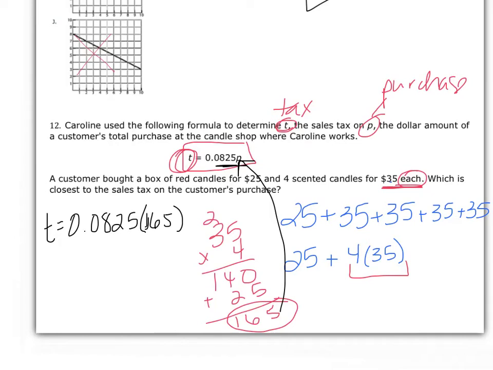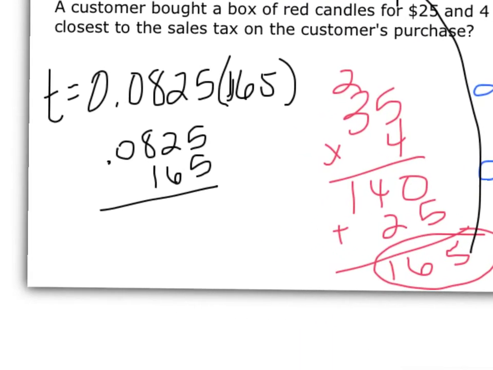So now, to solve for T, we have to multiply 0.0825 times 165. So I'm going to blow this up just a little bit. 10, 12. Okay, so we got that.